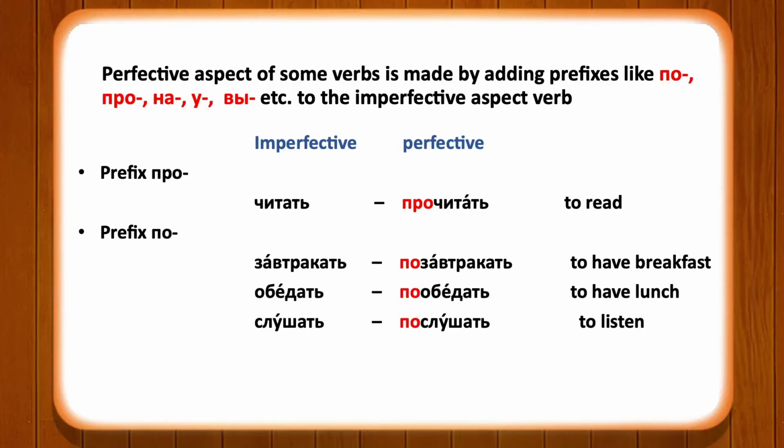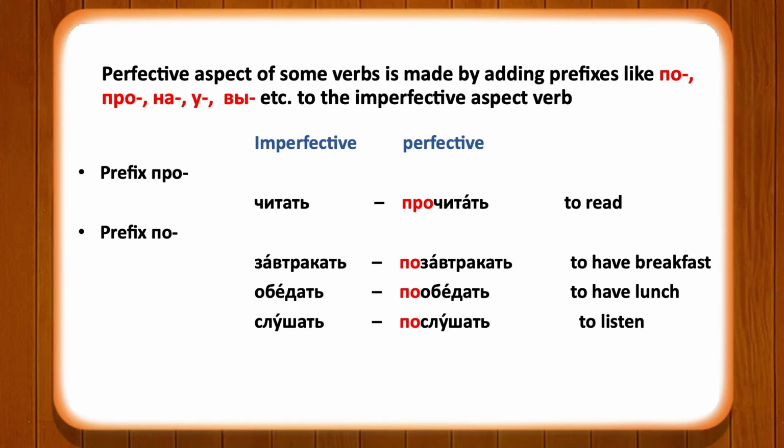Let us learn some imperfective and perfective verbs to understand this. Let us see first the perfective aspect, which differ from the imperfective verbs by prefixes. Prefixes like po, pro, na, u, vy and some others are added to the imperfective verbs to make the perfective verb.